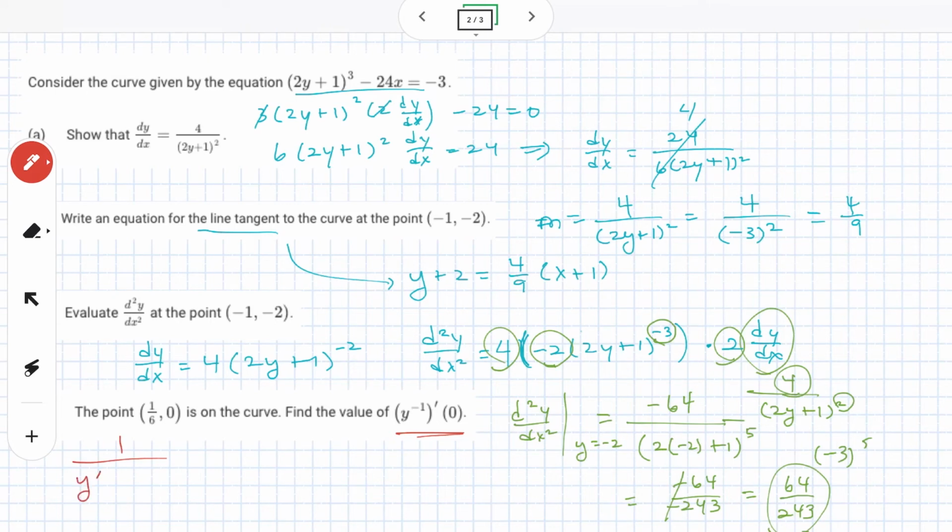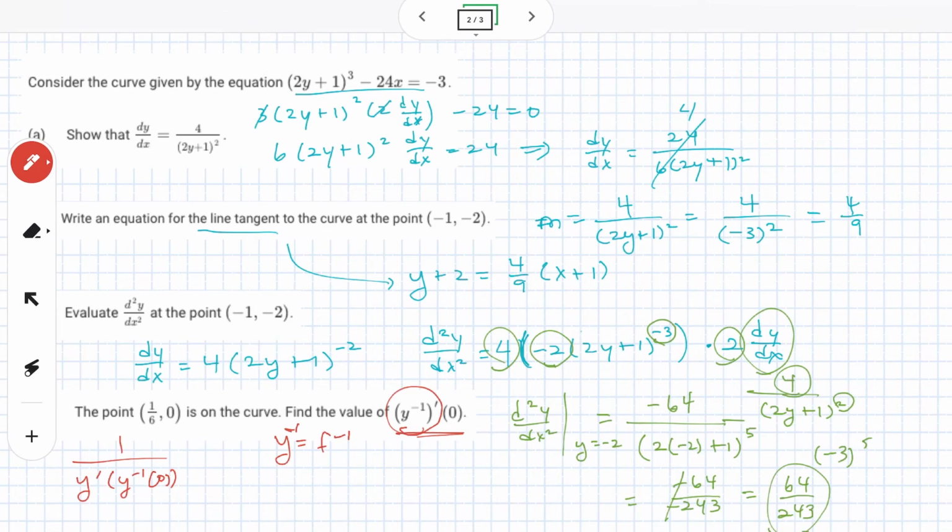Okay, find the value of y inverse. So dead giveaway, right? 1 over y prime of y inverse of 0. Okay, now you know what, let's just do y inverse of 0.